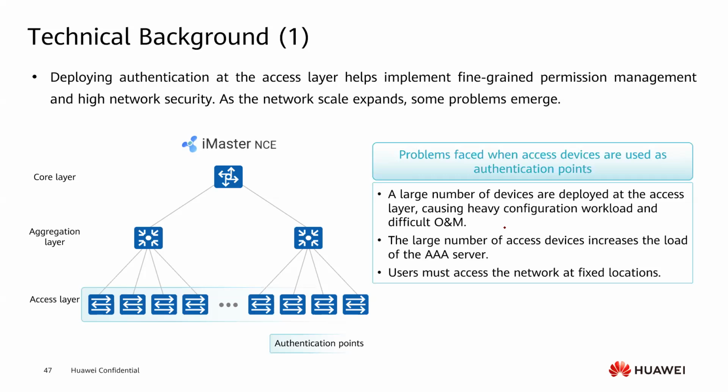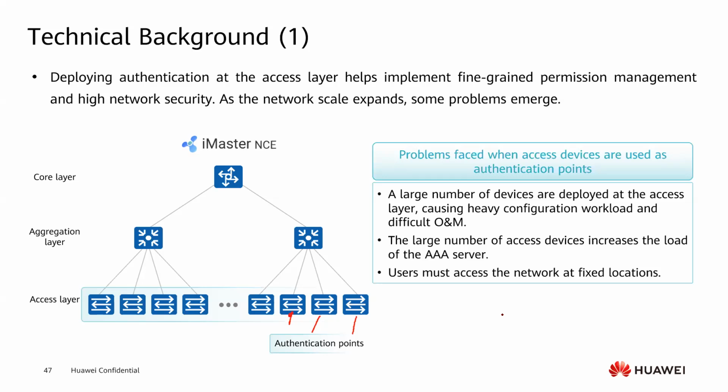But in a large and medium-sized campus network, there are a lot of access layer devices. That means for all of the access devices' interfaces, you need to configure the specific authentication configurations, right?